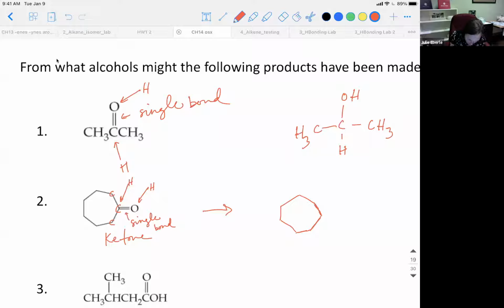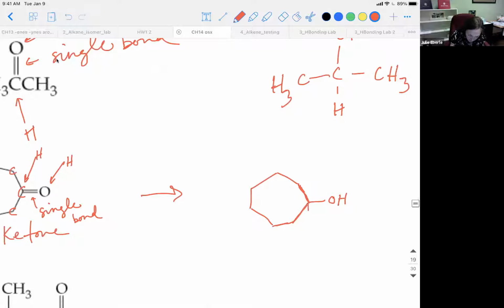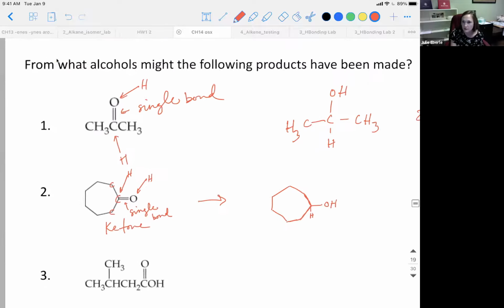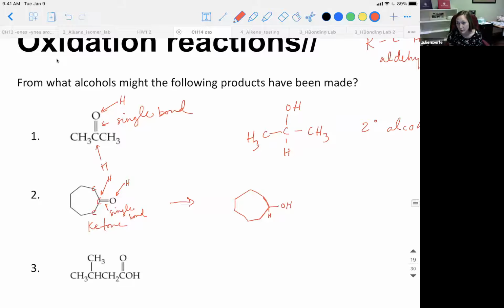And then this becomes an OH. Now, y'all are always like, I want to draw the hydrogens in. If that helps you, draw them in. I prefer you not. But if that helps you see that one hydrogen was added on here and the other hydrogen was added on here, now we have a single bond, a secondary alcohol.